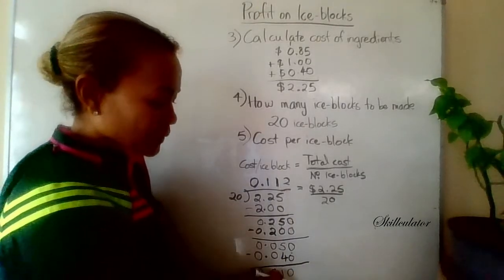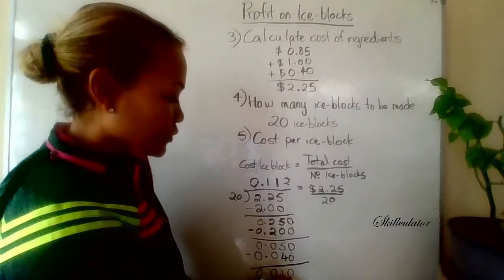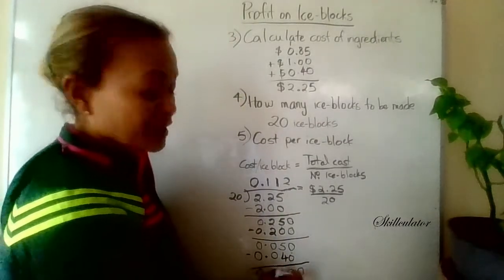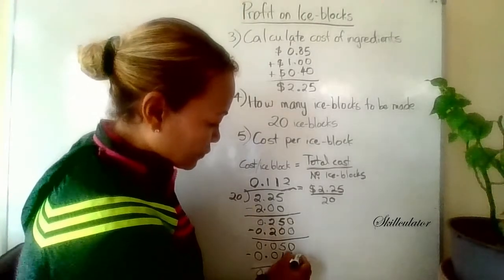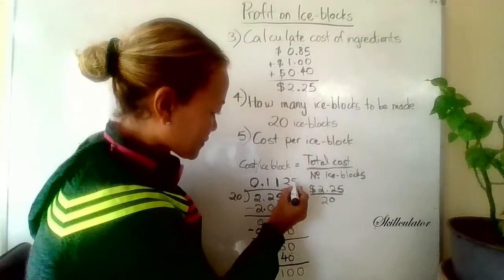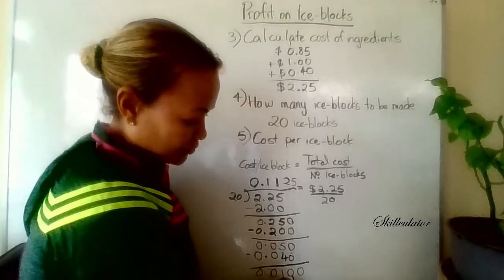Does 20 go into 10? No, it doesn't. Let's put an extra 0 there. Does 20 go into 100? Yes, 5 times exactly, right? So the 5 will go over this 0 here, 5. 20 times 5, 100.